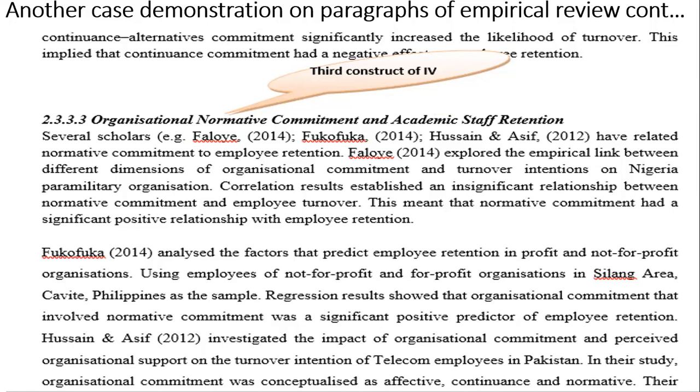Now, I don't know whether I got you well, but as a researcher, yesterday we said that you begin with the end in mind. That is one. Two, as a researcher, you have questions for which you are asking whether previous researchers have answered them, whether the available answers have tried to answer your questions.